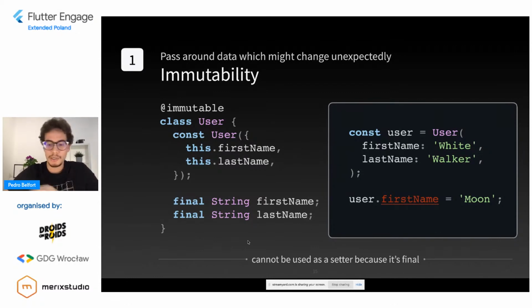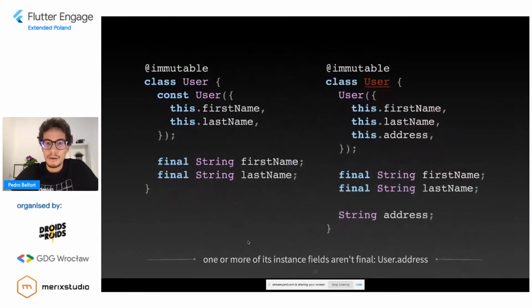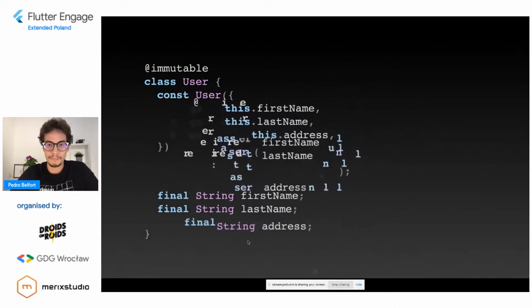What this does is tell your developer that if you include a new property that is not final, it's not supposed to be like that. So one or more of these instance fields aren't final, in this case, user address. But be aware, this is not enforcing anything. It's just giving a warning.